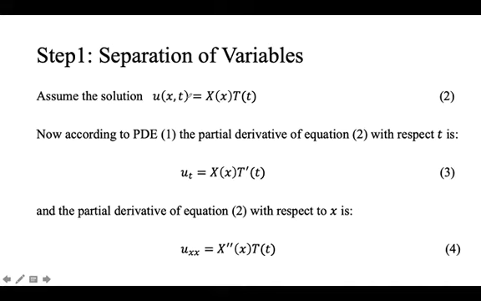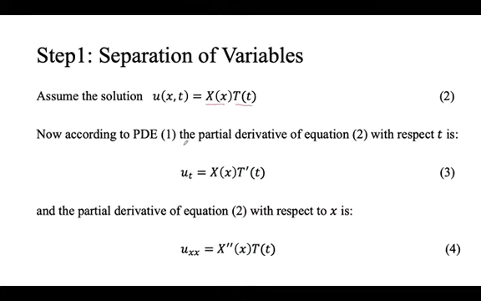It is not solved yet, but we assume the solution in terms of x and t. t is for time and x is for the spatial nodes. So this is called the temporal function and this is called the spatial function in this assumed solution.